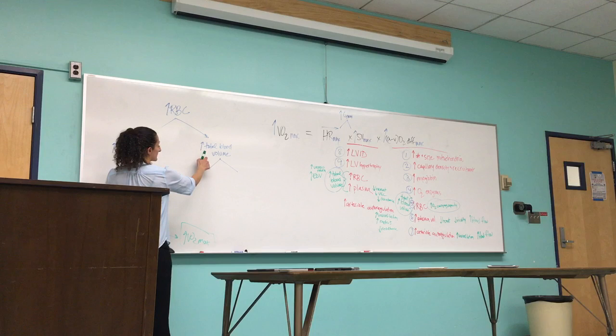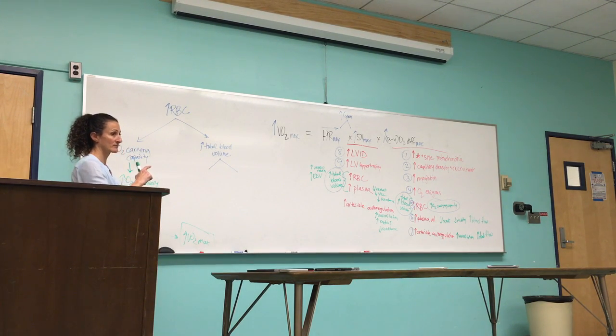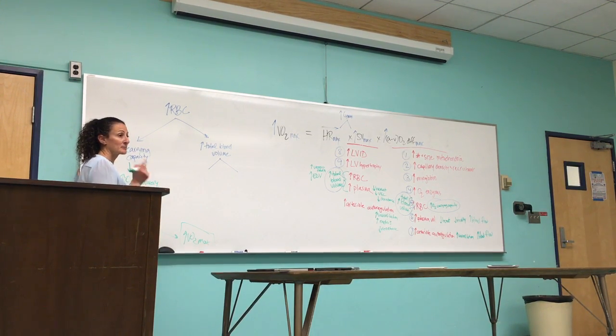The total blood volume is not decreasing the hematocrit. The plasma is decreasing the hematocrit. How does having more blood help us consume more oxygen at the muscle? Blood flow.